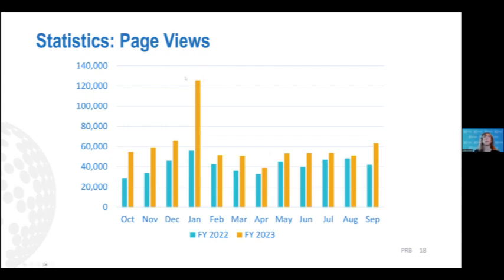If you've ever Googled a question about the American Community Survey and its data, a lot of times the first Google result is the ACS online community itself. And you can see that overall, with the last fiscal year, the page views in the ACS online community have increased.